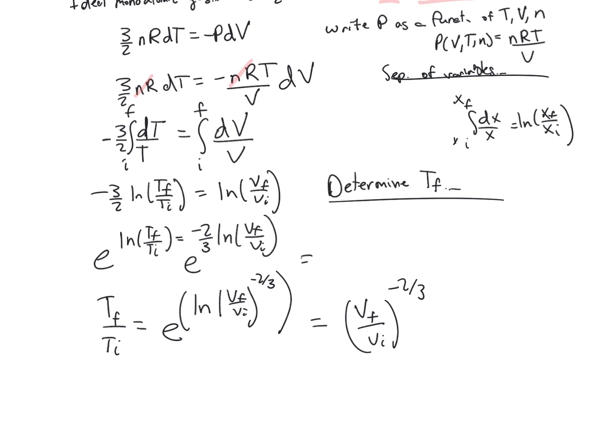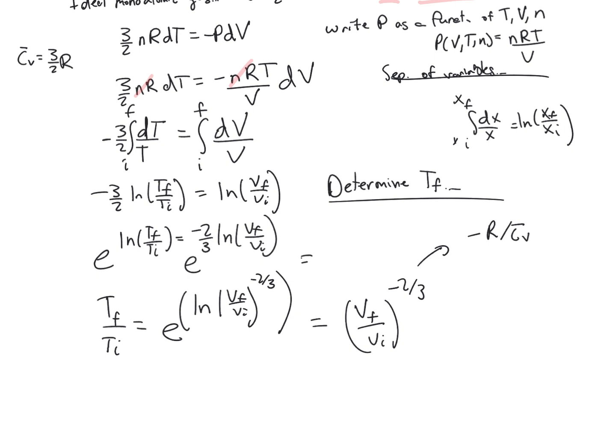When you're going through homework problems, you can see where that 2/3 came from: this is negative 1 over that 3/2 from, remember, CV bar for a monatomic ideal gas, which was 3/2 R. So this is negative R over CV bar, one way of writing that.